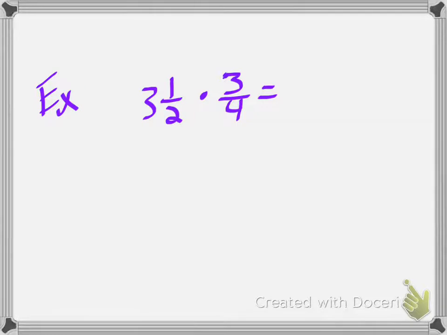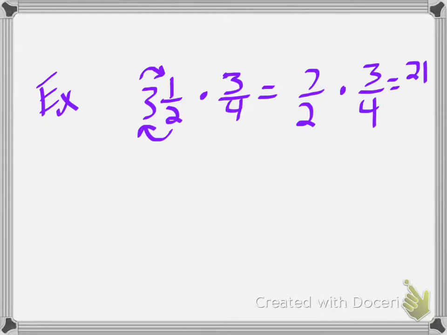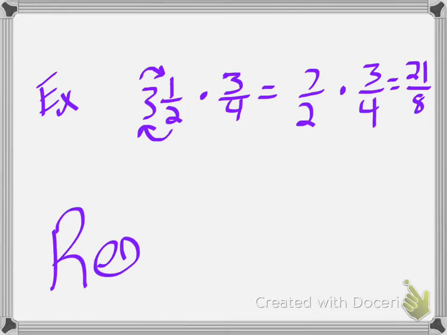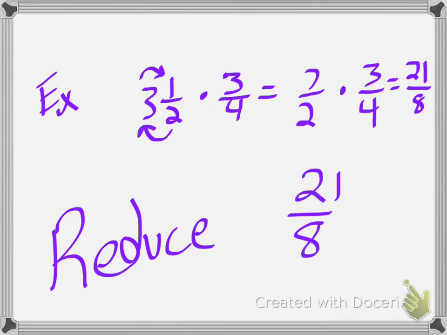Example. We have a mixed fraction, so I'm going to go ahead and change that. 3 times 2 is 6. 6 plus 1 is 7. So it's 7/2 times 3/4. Top times top, 21. Bottom times bottom, 8. One thing I did not tell you is that you must reduce. So, 21 over 8.